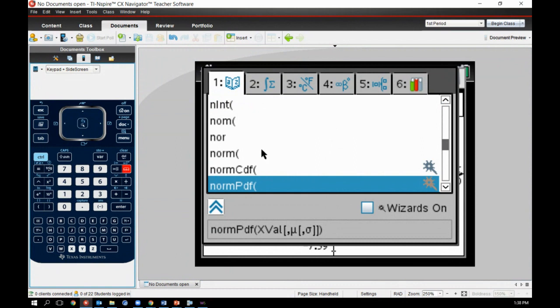Now once this pops up, go to 1 on the menu up here. And then you can type in and it'll take you down to N. I used this last period, so I was already there. But let's say it wasn't. You can hit N and drop down into the N's and look for norm PDF.